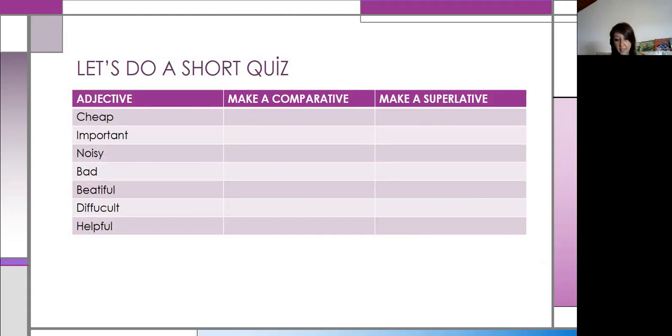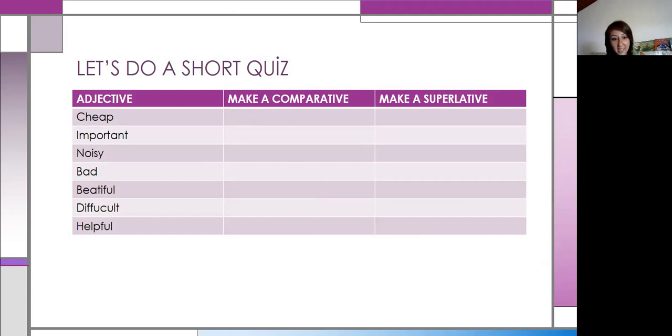Very well. And noisy. Ahmet? Yes. Noisier and noisiest. We cancel Y and we add IER for comparative, and for superlative, IEST.